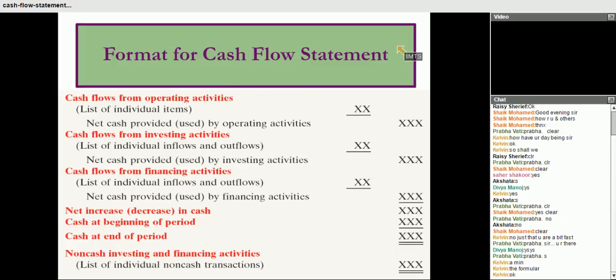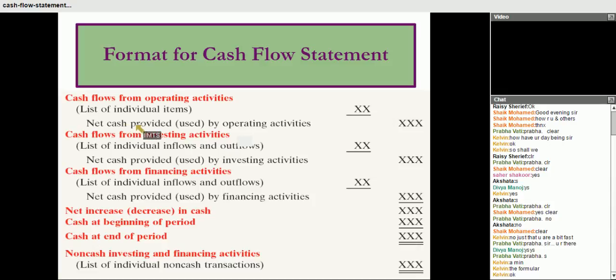This is the format for cash flow statement. So first we will calculate the cash flow from operating activities, then from investing activities, then from financing activities. Right. So suppose in cash flow from operating activity, we will list down the individual items. Right.